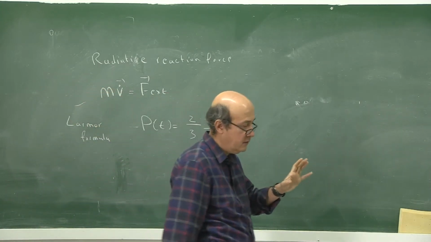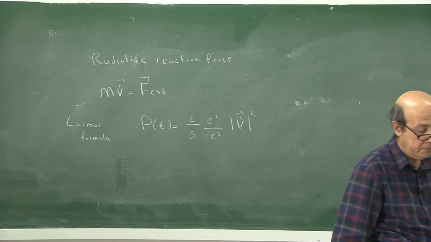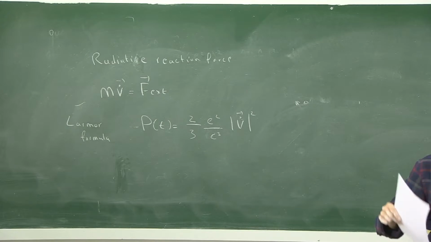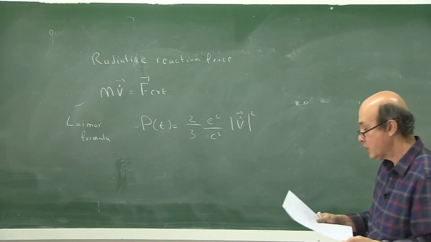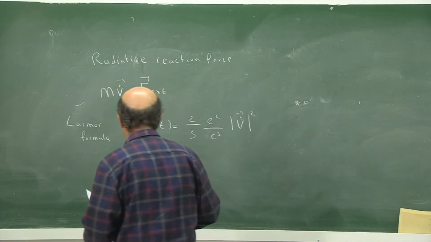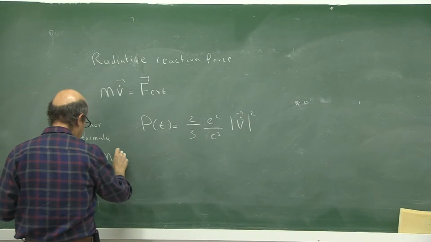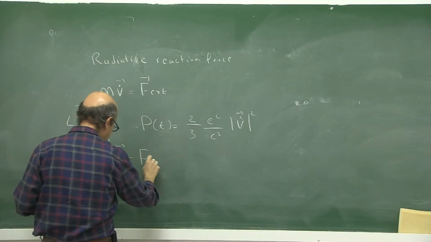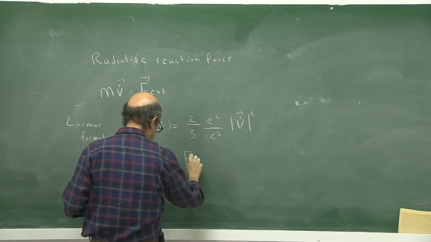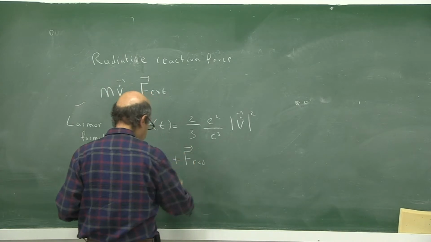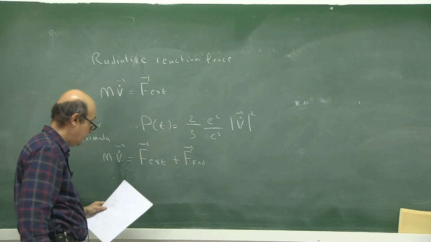If there is some braking force in the acceleration, there will be some recoil effect. So the form of Newton's law could be written as m v dot equals the applied external force, plus some force making the recoil, which is called the radiation reaction force.